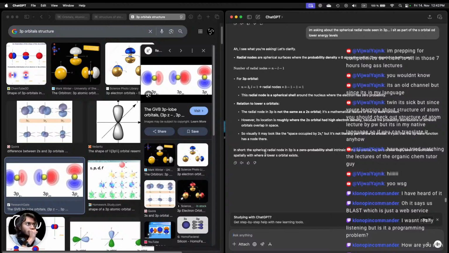In short, the spherical node in 3p is a zero probability shell intrinsic to the 3p orbital, but it's not an s orbital itself. But even if it coincides spatially with where a lower s orbital node is, why do you have to dismiss that statement?